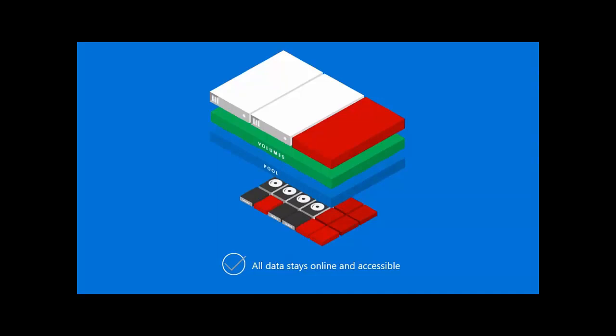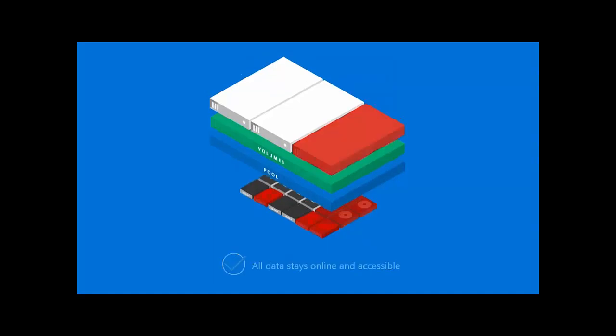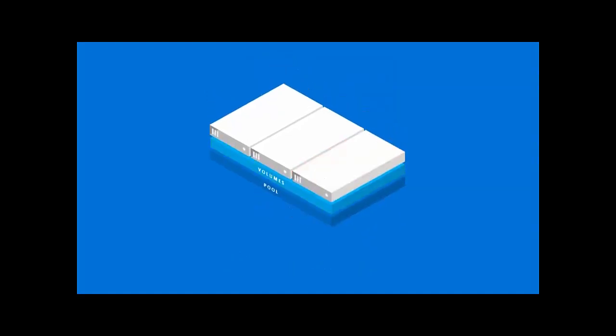Well, fear not, because all of your data stays online and accessible via the parity bit or the RAID configuration that is defined inside of the Storage Spaces Direct environment.